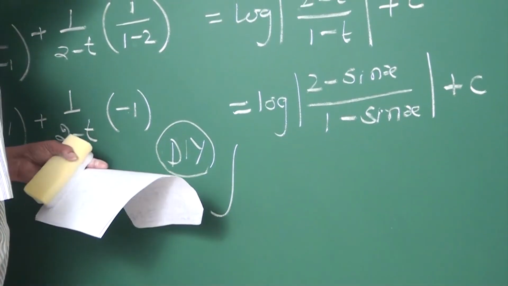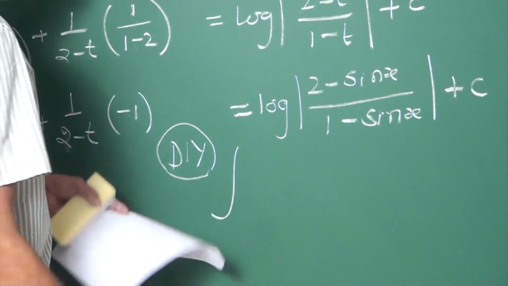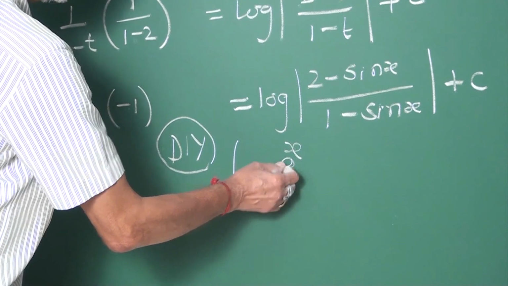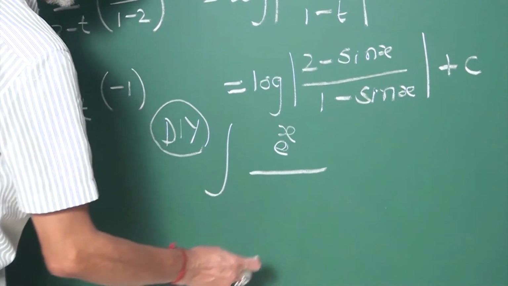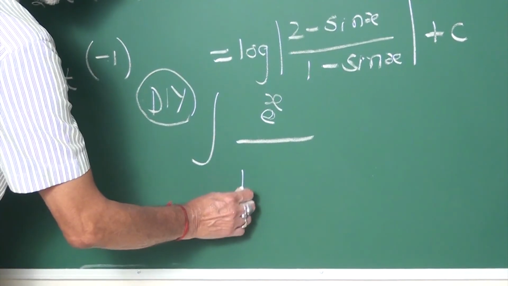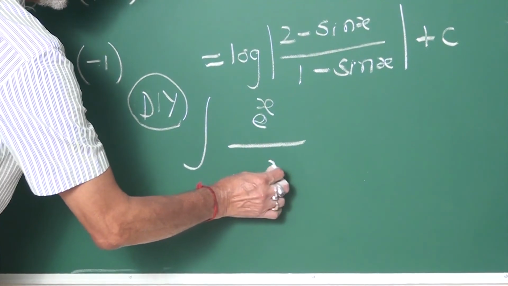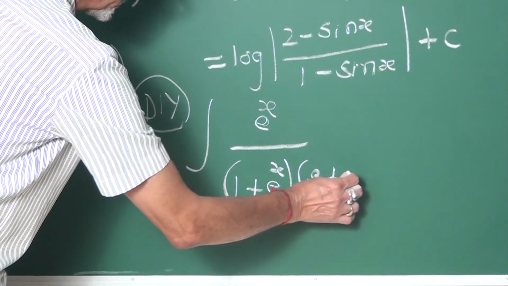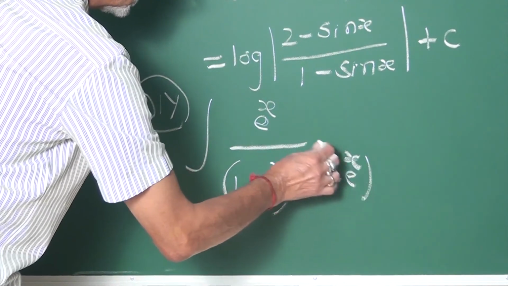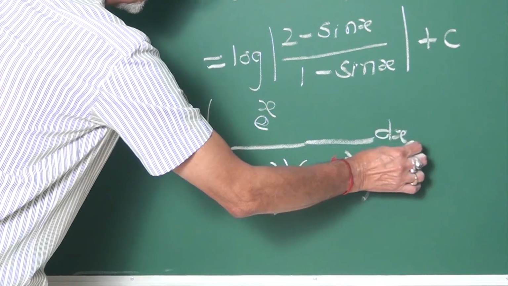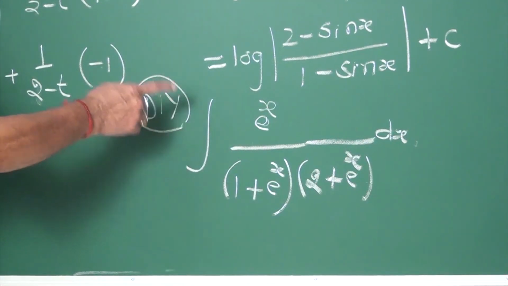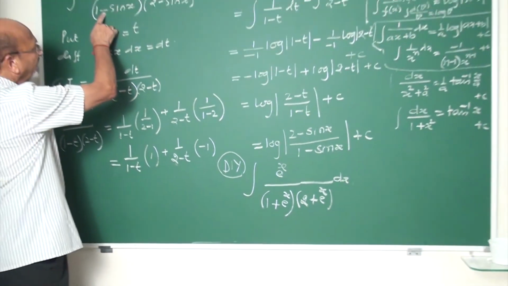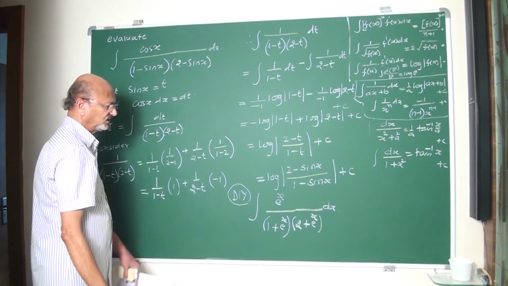Integral of e to the power x upon (1 plus e to the power x) into (2 plus e to the power x) dx. Instead of sin x you have e to the power x, and instead of minus you have plus here. Still better.